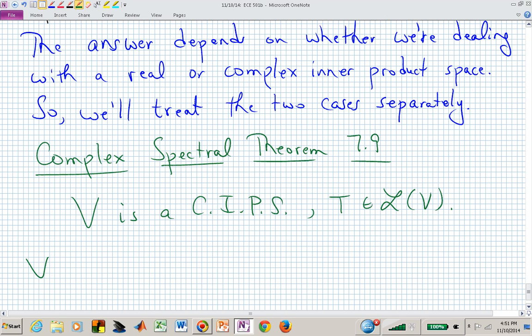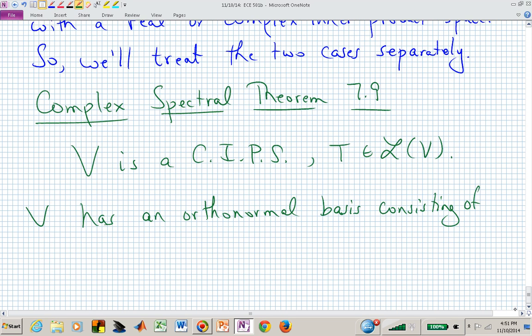This complex inner product space V has an orthonormal basis made up of, or consisting of, eigenvectors of the linear operator T if and only if T is normal.